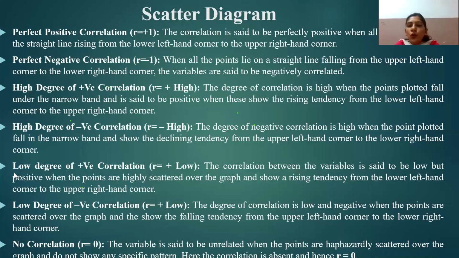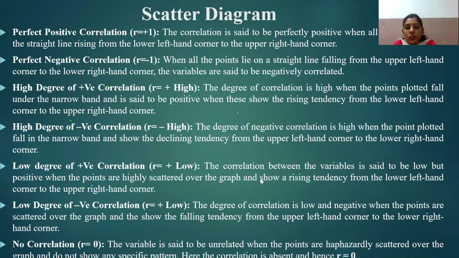Now, next one is low degree of positive correlation. In low degree of correlation, the correlation between the variables is said to be low, but points which are drawn on a scatter diagram are highly scattered over the graph, with a rising tendency from the lower left to the upper right corner.